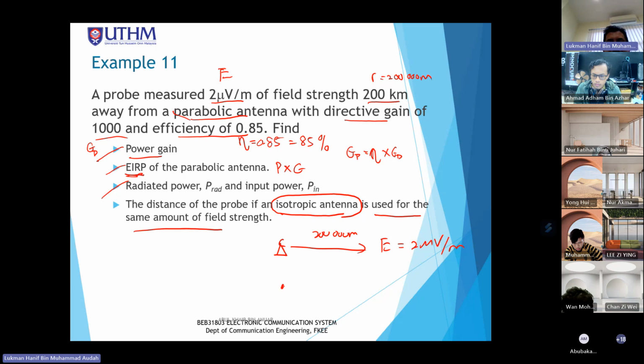Now if we change to an isotropic antenna, how much is the distance to achieve the same E field, 2 microvolt per meter? The gain GD is equal to 1, GP is equal to 1. So logically, the distance is going to be shorter.